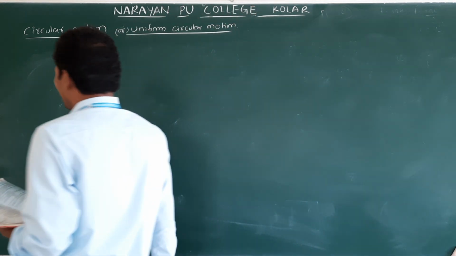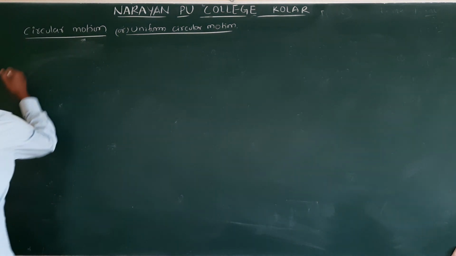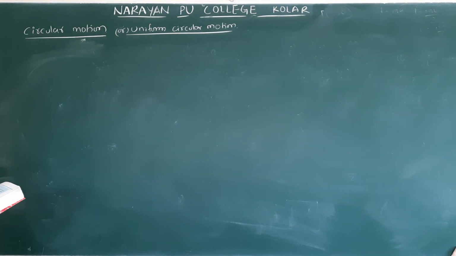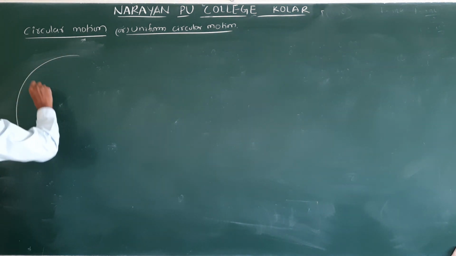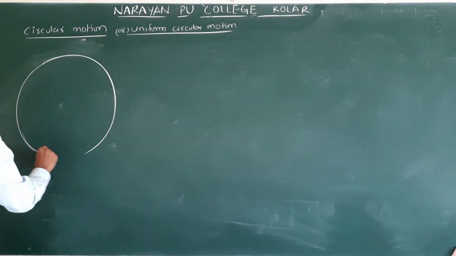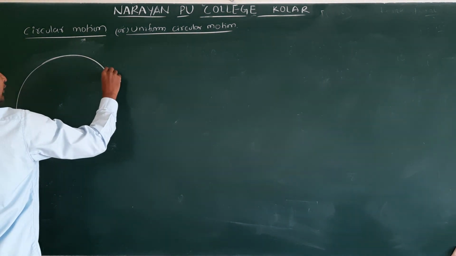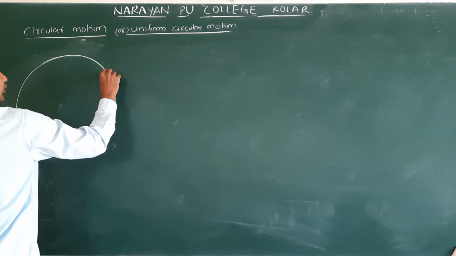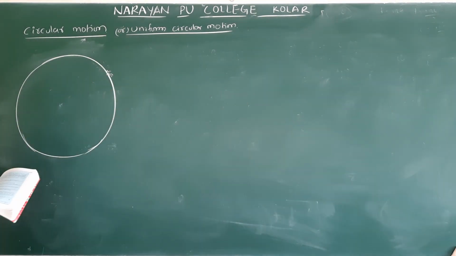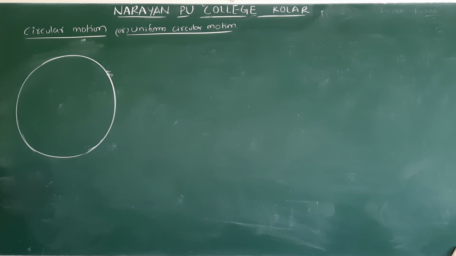Clear? Now, an insect is trapped in a groove, a circular groove. It's like a circular ring. In this, the insect moves along the groove steadily and completes 7 revolutions.